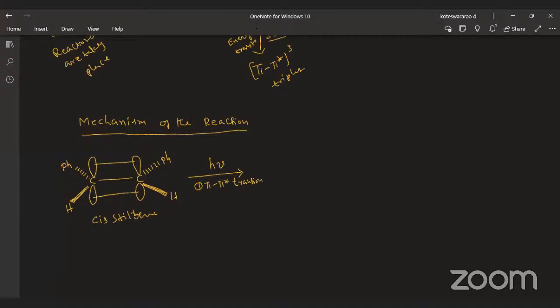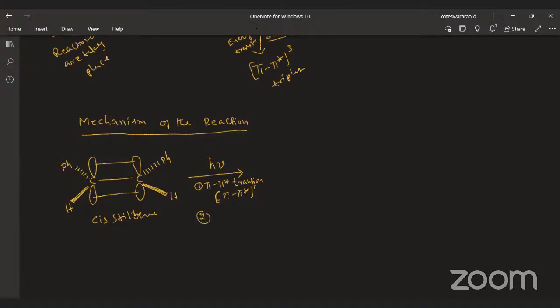During this transition, it leads to the generation of the first pi to pi star singlet state.